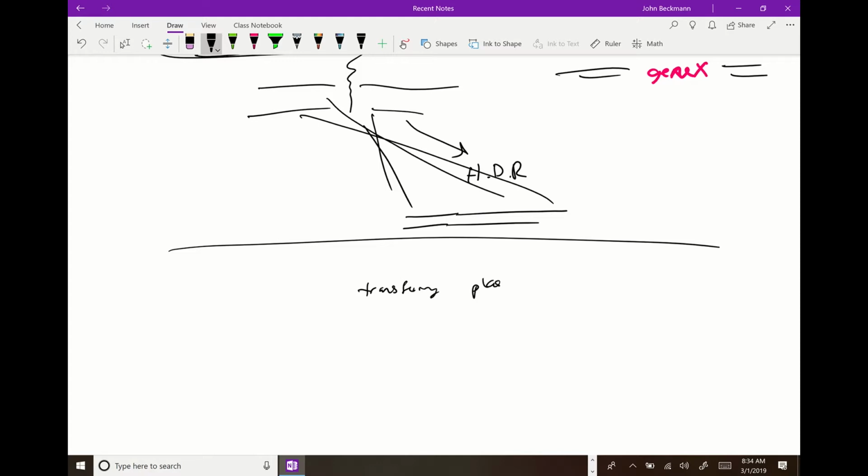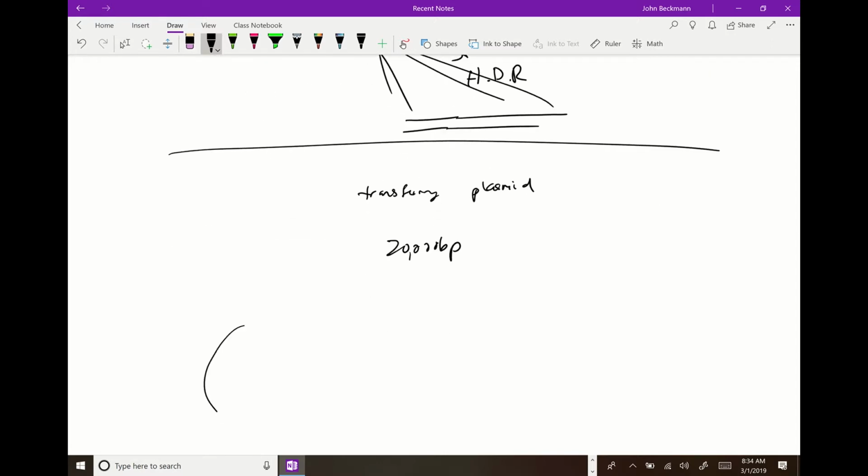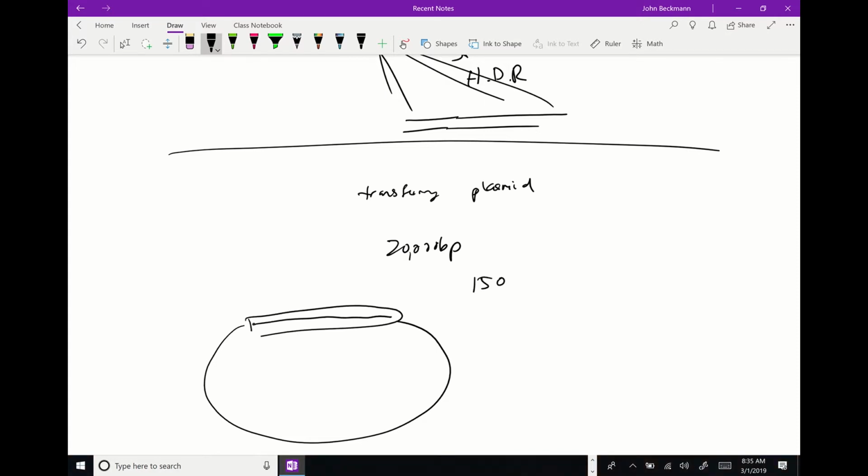Okay. And this plasmid is quite big. It's like 20,000 base pairs. Okay. Yes. Okay. Very, very good. So you can make massive insertions, like massive, like 150,000 base pair insertions into the plant. Okay. I think the record I read was 150,000.